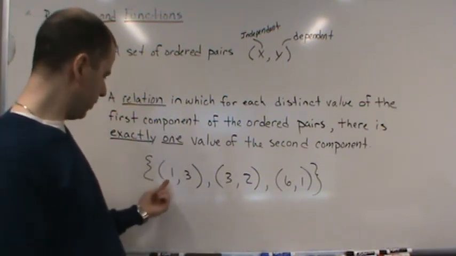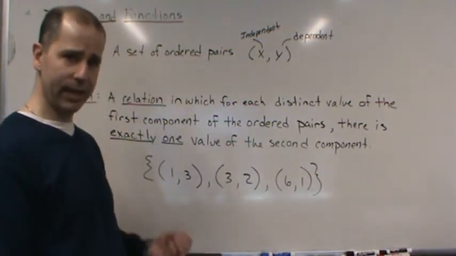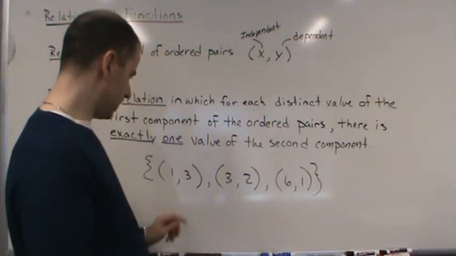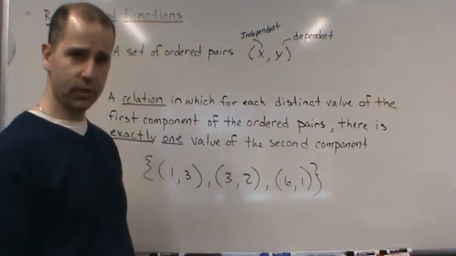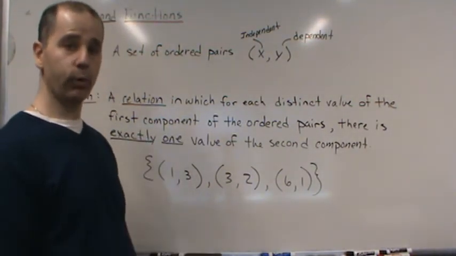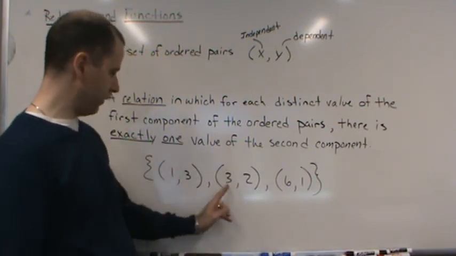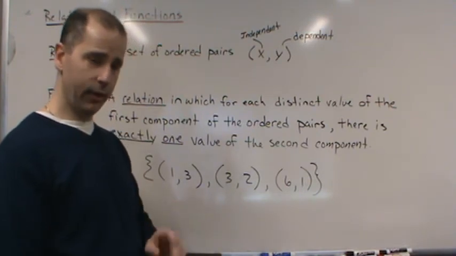In this case, all you have to do is look, and you see that, nope, there's no other pair that has 1. There's no other pair that has 3. And there's no other pair that has 6. So none of the x values are repeated. So this is a function, because for every distinct x value, there's exactly one y value.